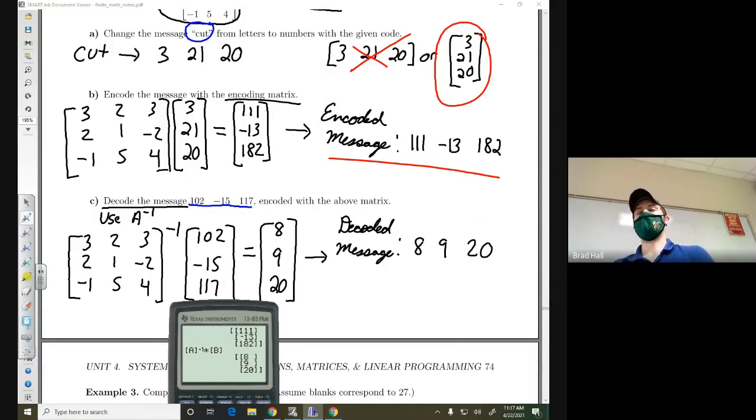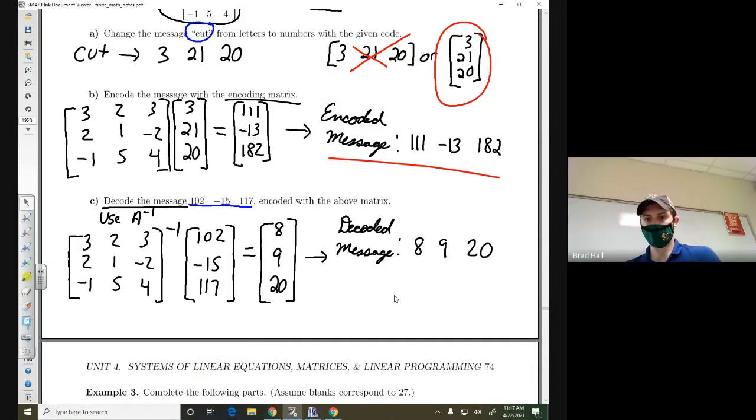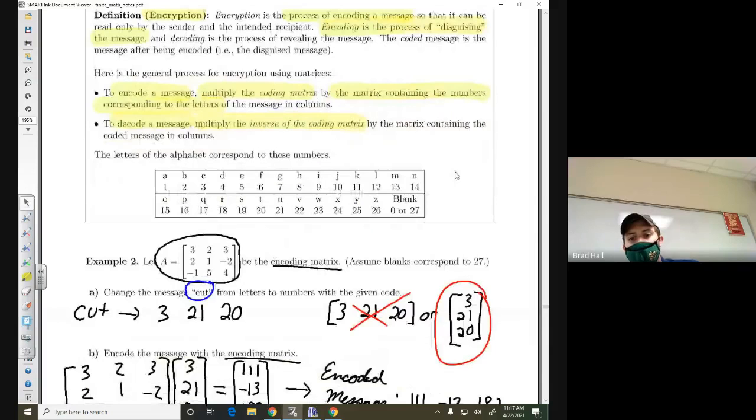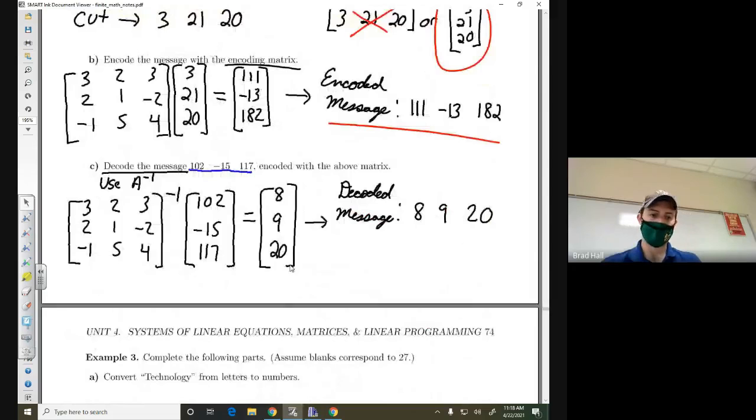So what this tells us, if we have a decoded message, that means we have something that is legible. As in, each one of these numbers can be converted to letters. And if you scroll up to the conversions of each letter to a number, you can quickly see that the conversion for 8 corresponds to H, 9 corresponds to I, and 20 corresponds to T. So the message is hit.